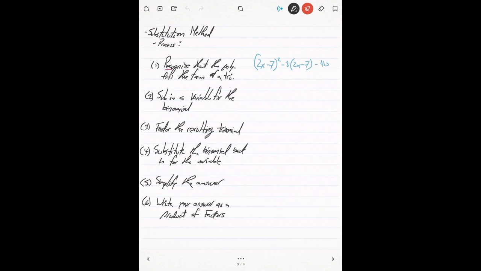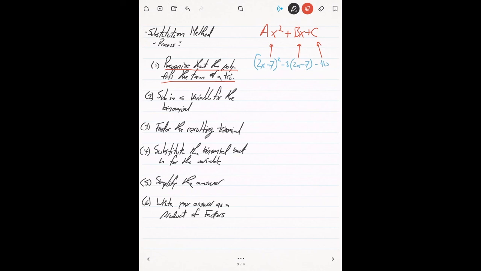First, you have to recognize or verify that the polynomial fits the form of a quadratic trinomial, ax squared plus bx plus c. This polynomial fits that form, where we have a quantity squared, then a quantity times a number, and then just a number being added on, that constant term.